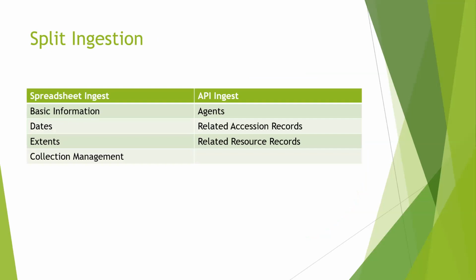However, for agents, the spreadsheet ingest could accommodate a single creator, but the situation where we had multiple creators could not be accommodated there. And the relations to other accessions and to the resources would need to be built through an API. So we have a split approach to that.